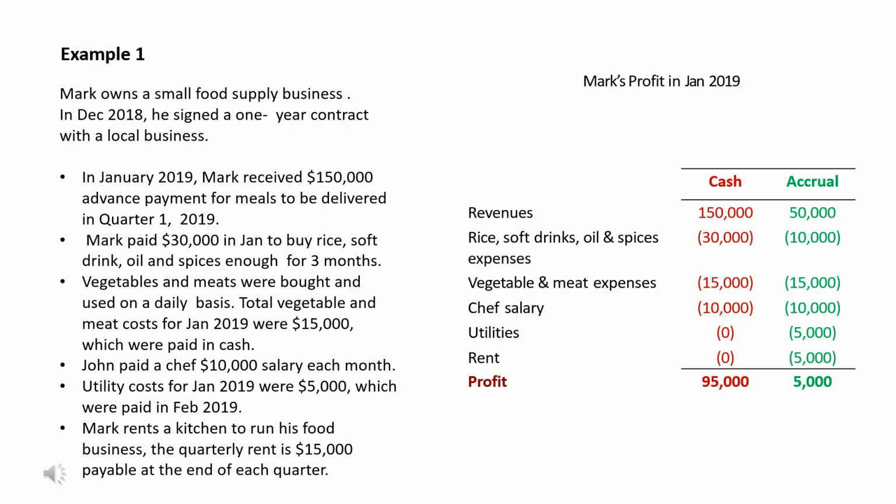Each month, the cost incurred was 10,000. And we applied the same logic for the other items. And we got a profit of 5,000 for the month of January. As you can see, it provides a more accurate picture of your company's financial position by matching revenue with the expenses incurred to generate the revenue, which gives a much better picture for the company's financial health.